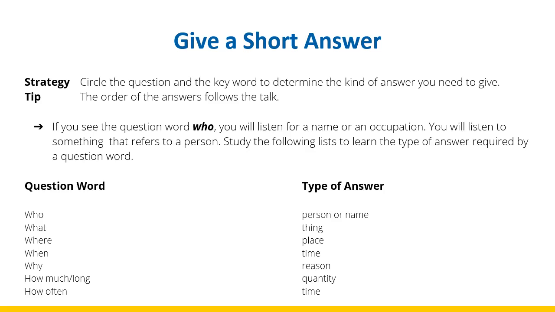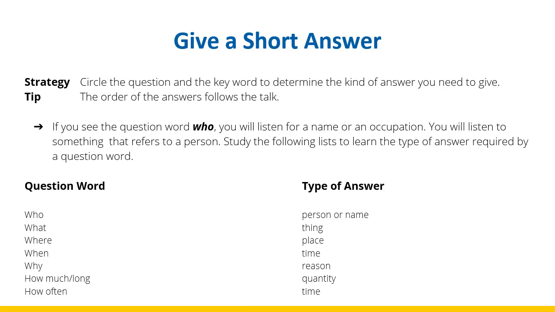Also, studying the following lists of words will help you to be more prepared for your upcoming test. So for example, here we have question words beginning with who, and the type of answer will be a person or name. If your question begins with what, you know that you are going to hear and write about a thing.